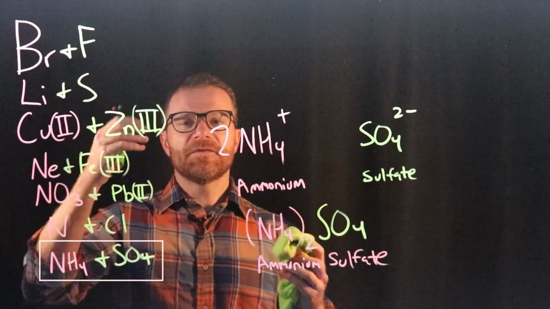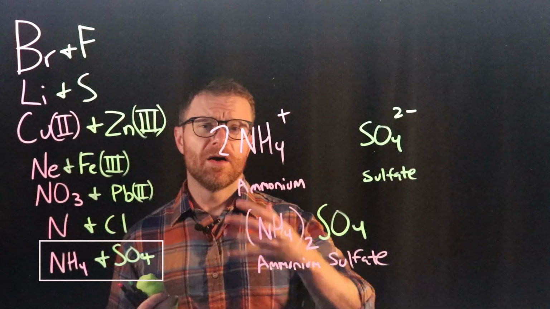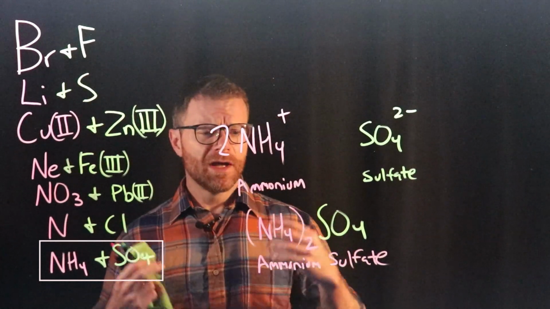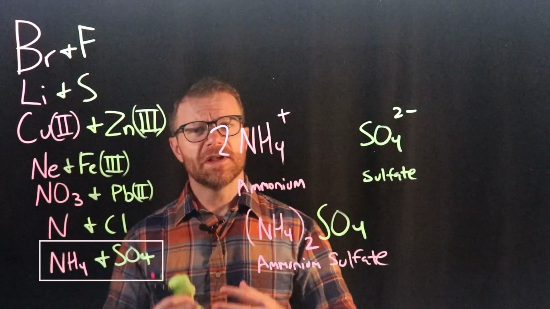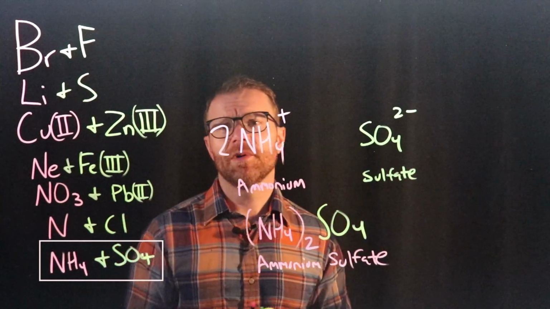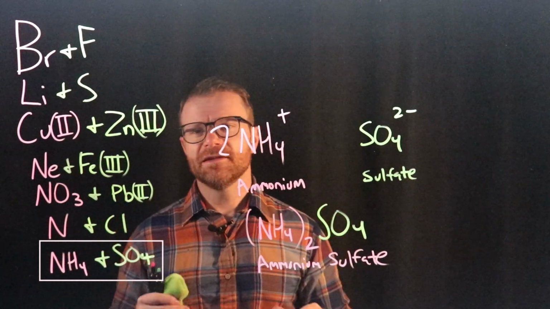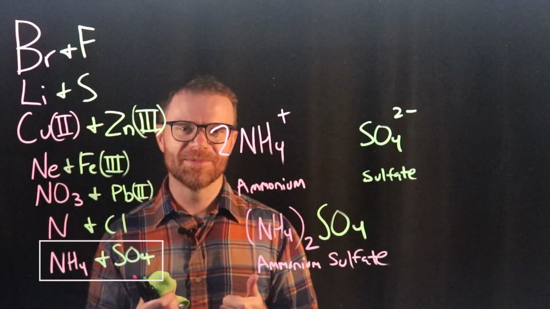Hopefully this felt pretty easy for you. It should be just review of some skills that you learned about earlier. If not, I've got videos on all those things, on ionic bonding, on polyatomic ions, on covalent bonding. So go ahead and look at those if this was tough for you. If this isn't, that's great. You're doing awesome.